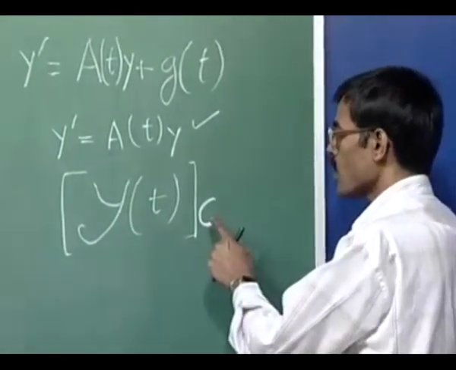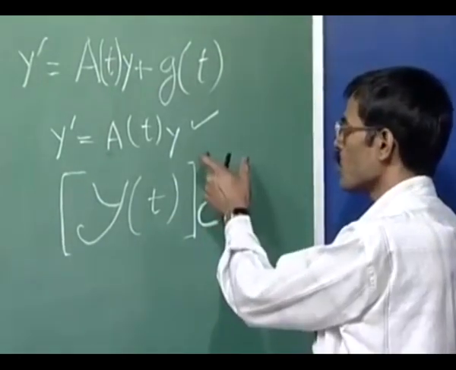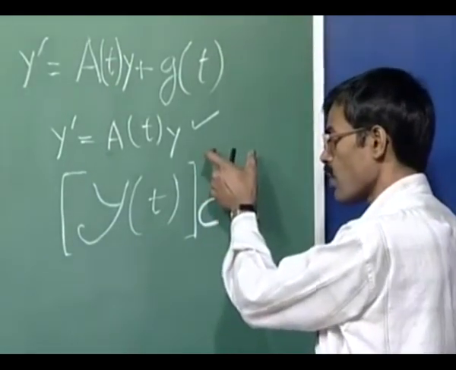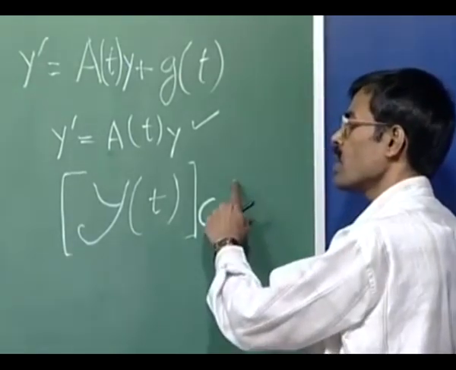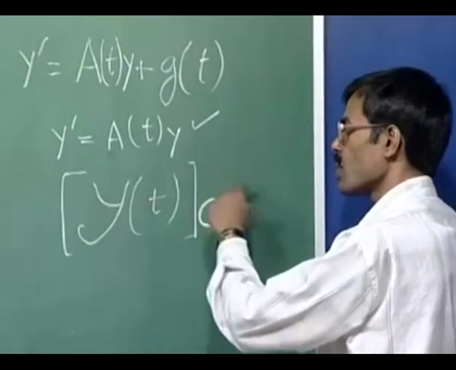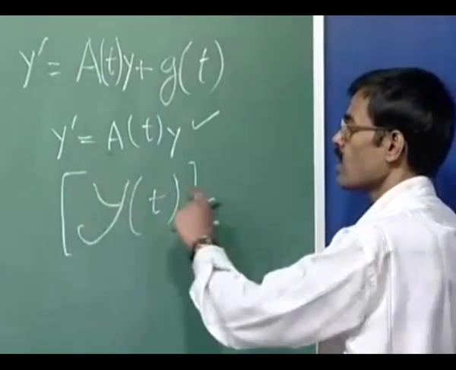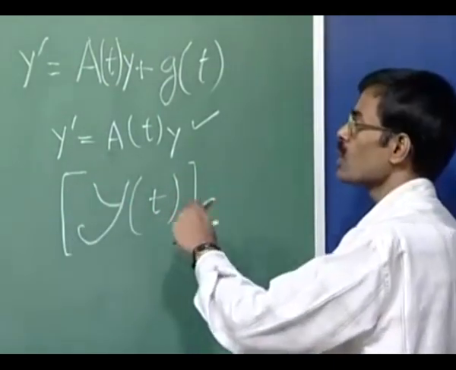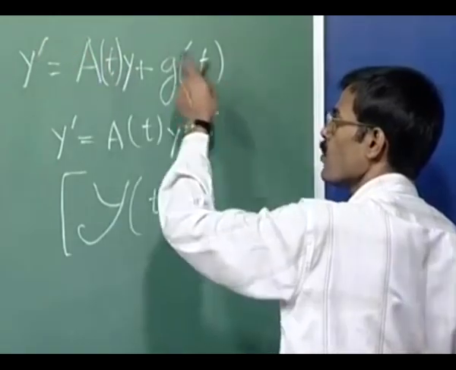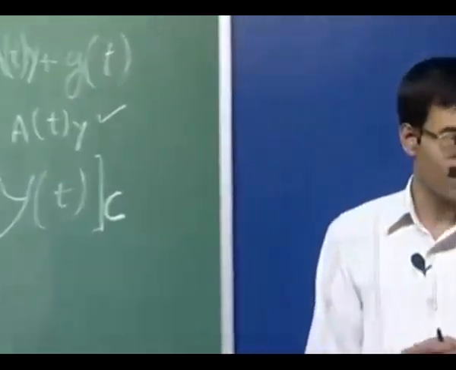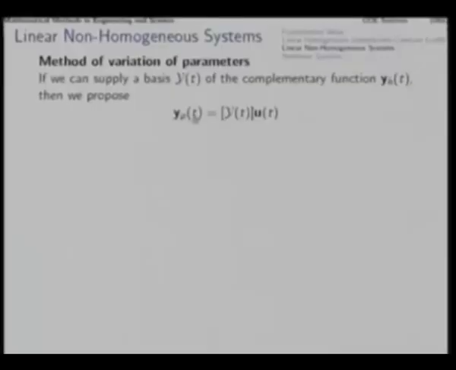Like that, in place of this constant vector, if we now put a vector function u1, u2, u3 etc., then we propose the solution as u1 y1 plus u2 y2 plus u3 y3 and so on, and that is the proposed function which we will put in this to find a particular solution of this non-homogeneous system. So, we propose this form of the particular solution of the non-homogeneous system of differential equations.